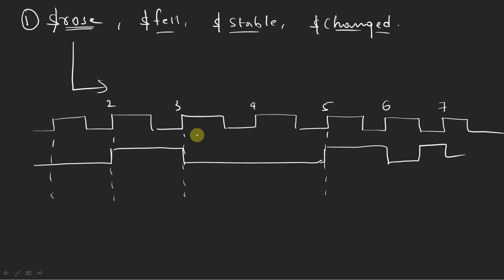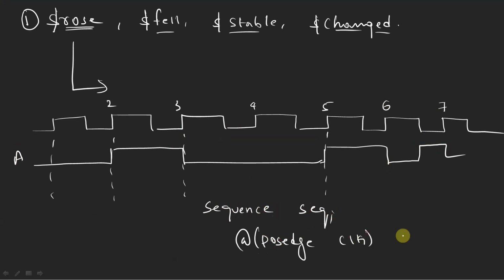This is the sequence we need to check for. The sequence we are going to write is: sequence seq, at the passage of clock, $rose of a. This is the checking we need to do. For every passage of clock, we need to check whether our sequence is passing or failing.